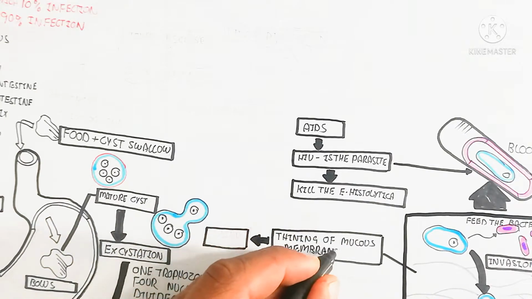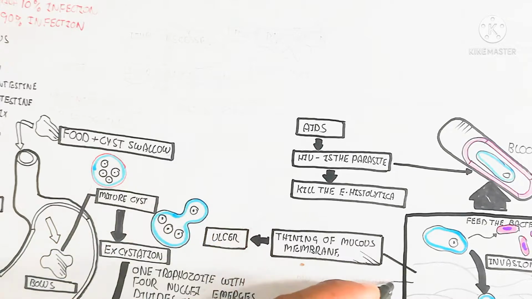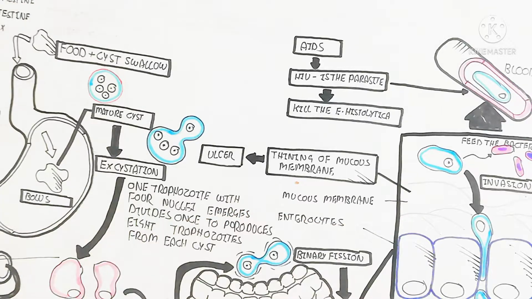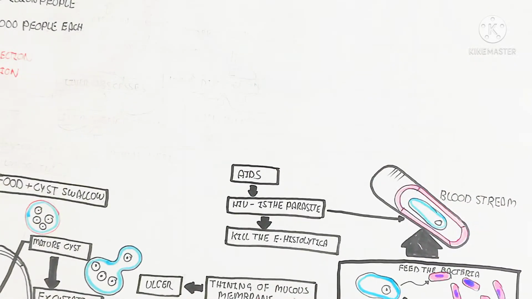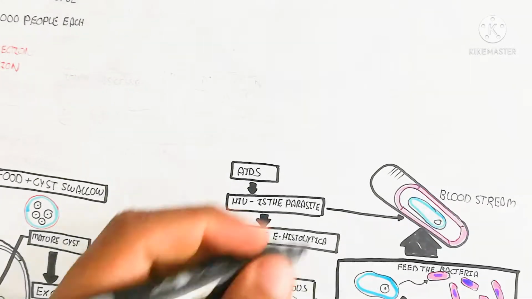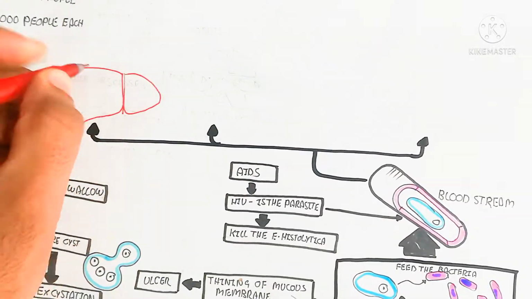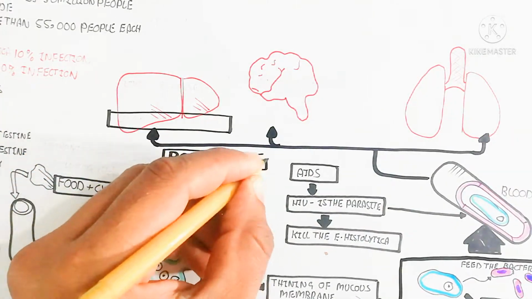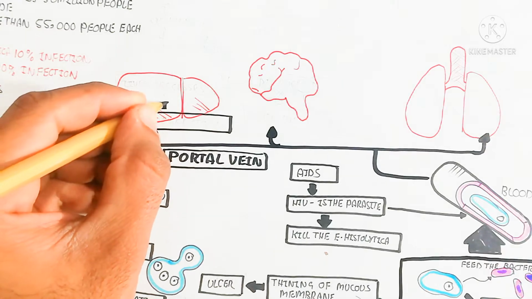That is important. HIV kills the Entamoeba histolytica due to the infection like CD4 T cell.